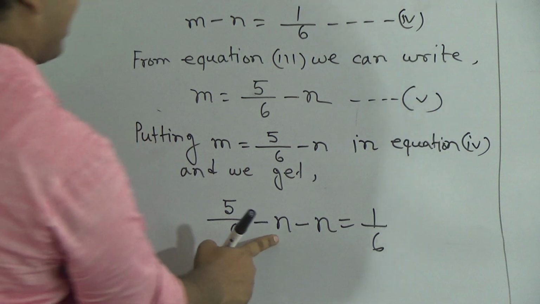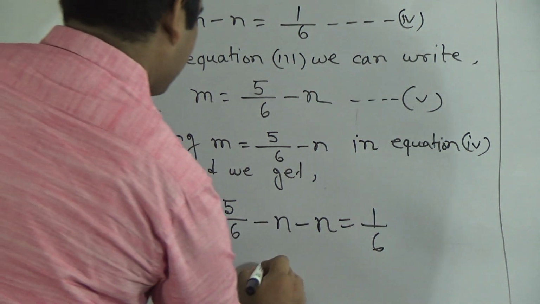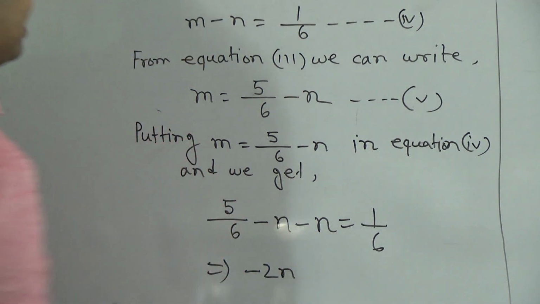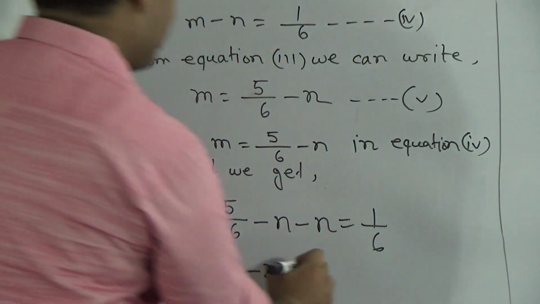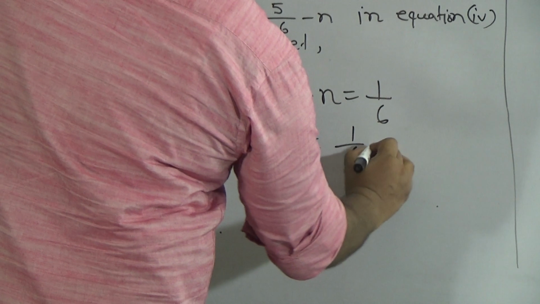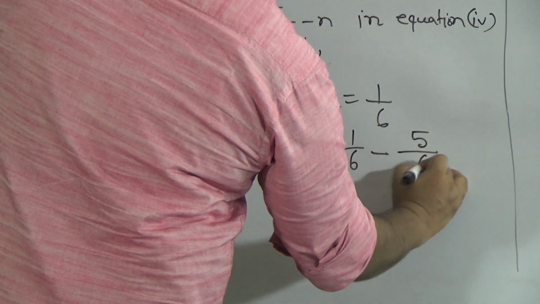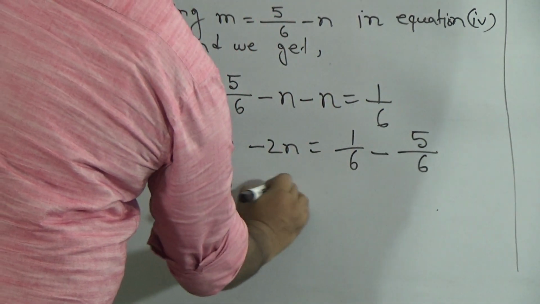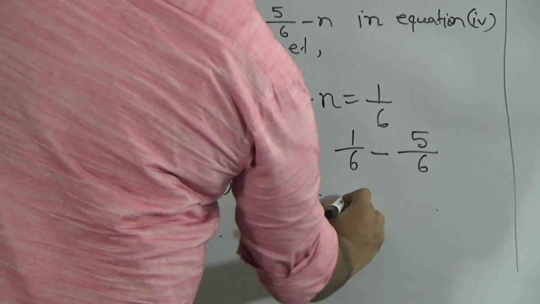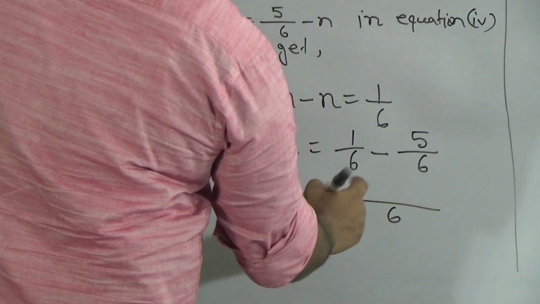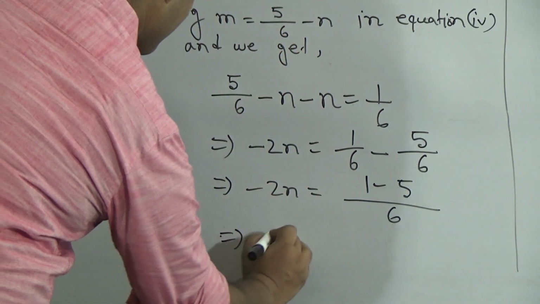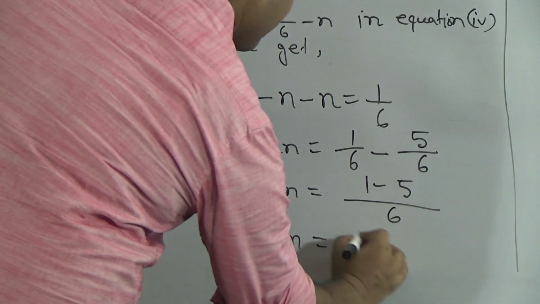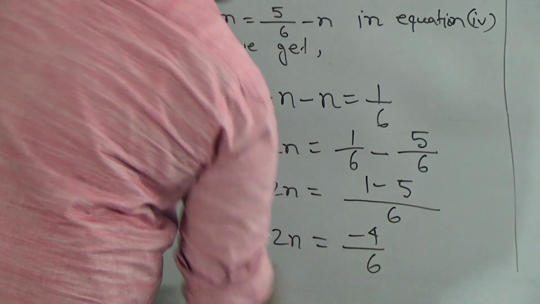So we add minus n, that means minus 2n, and 5 by 6 has no variable, so it changes its position and becomes 1 by 6 minus 5 by 6. Now minus 2n is written here, and 6 is the LCM, both are the same, so 1 minus 5. Then minus 2n equal to minus 4 by 6.